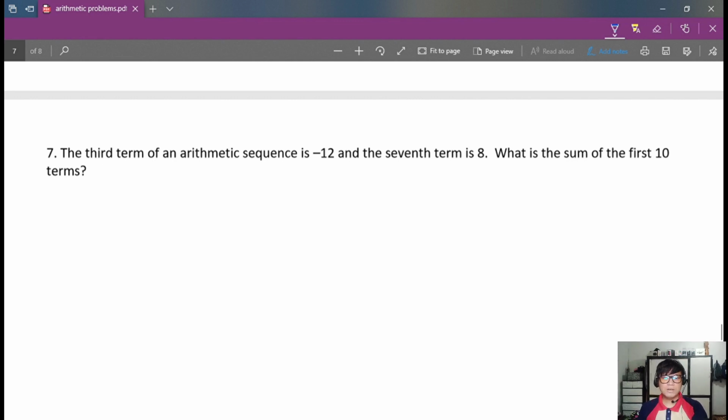So, i-picture out muna natin, i-visualize natin muna. Third natin is negative 12. Ito yung pang third natin na term. Ibig sabihin, missing yung ating first term pati second term. Tapos, ano pang given? Meron ding seventh term is 8. So, blanco din ito. Ito yung fourth, fifth, sixth term, and pang seventh term natin is 8.